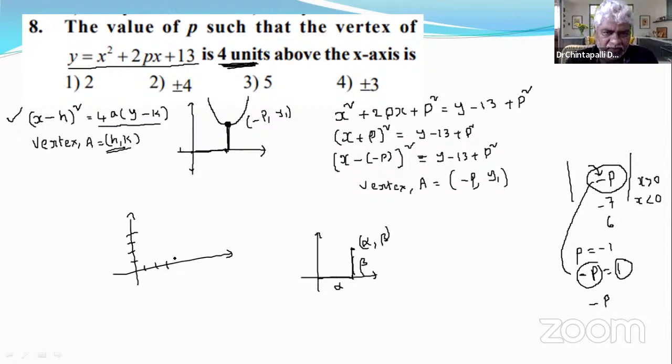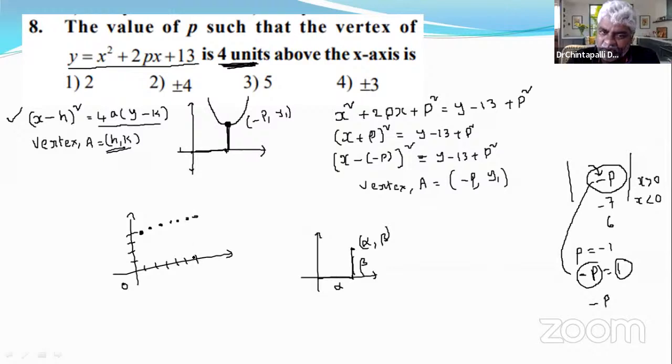What is 4 units above x-axis? It is 4 units above x-axis. It is also 4 units above x-axis. What's the meaning of 4 units above x-axis? This is the meaning of 4 units above x-axis.